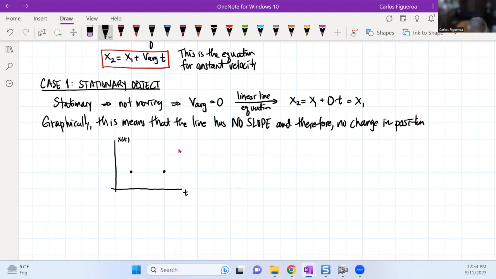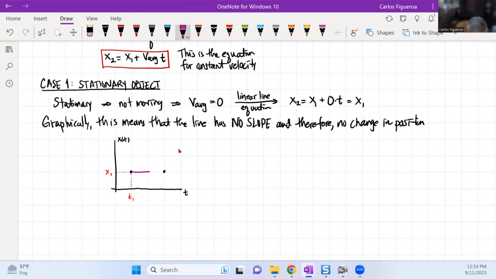So at this point here, I'm going to define this point right here at t1. At t1, it starts off at x1. Over time, what actually happens?